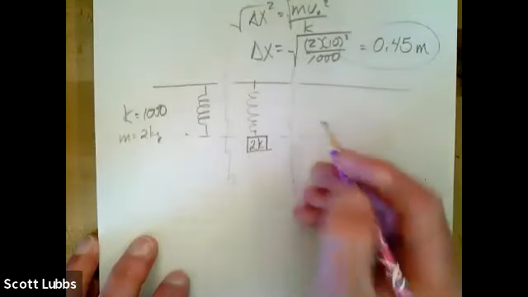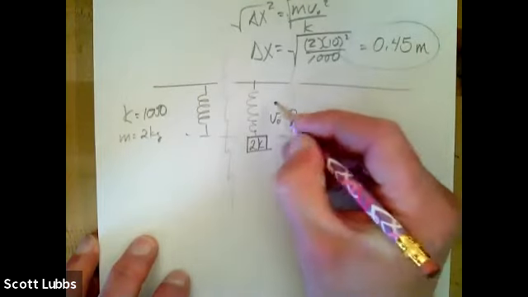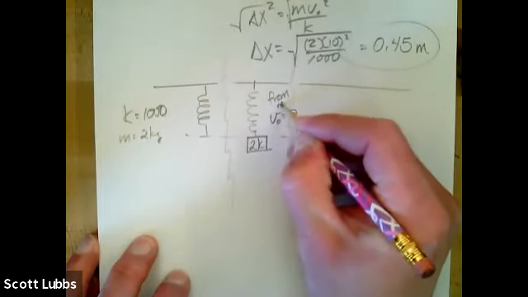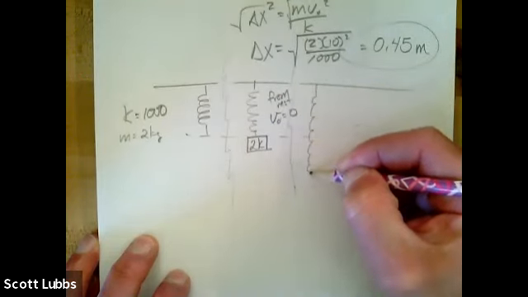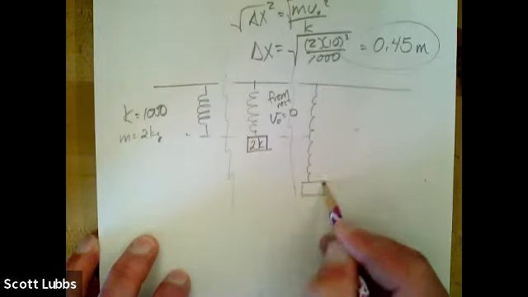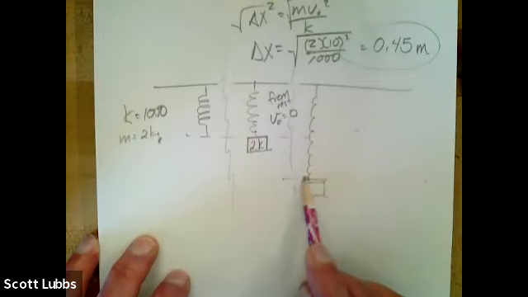All right, here we go. So this initial block has a speed of 0. It's dropped from rest, from the top.